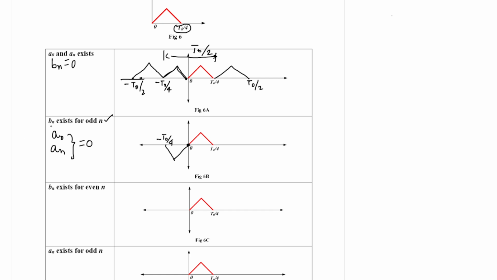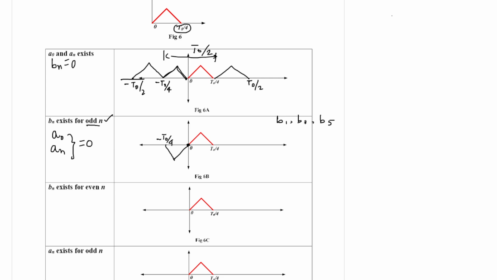Now additionally Bn is existing only for odd n. That means they are existing only for B1, B3, B5. So you must make the full waveform keeping in mind that it must be half wave odd symmetric.